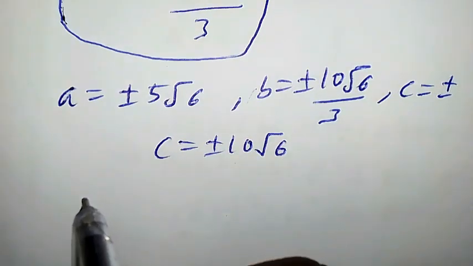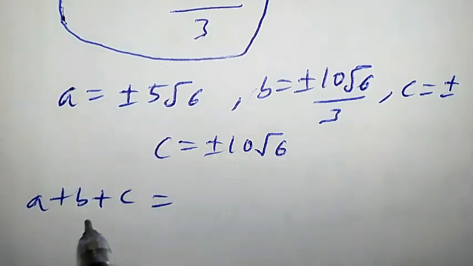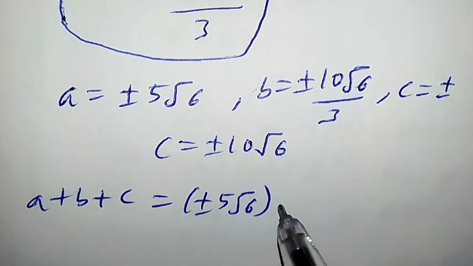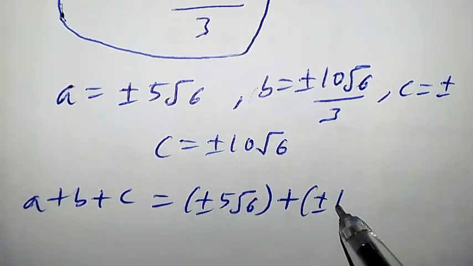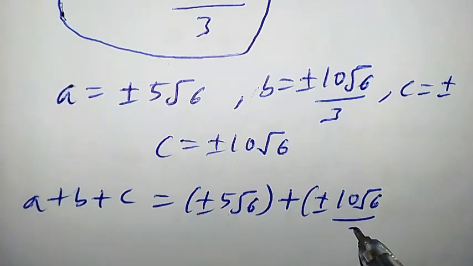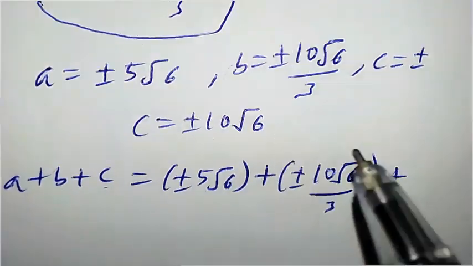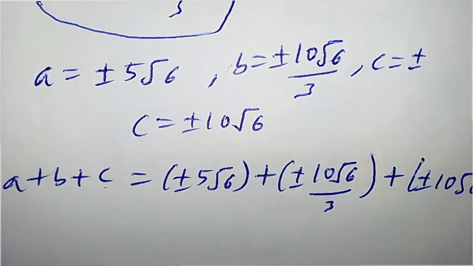Let's add them together. So A plus B plus C is equal to plus or minus 5 root 6, plus B, which is plus or minus 10 root 6 over 3, plus C, which is plus or minus 10 root 6.